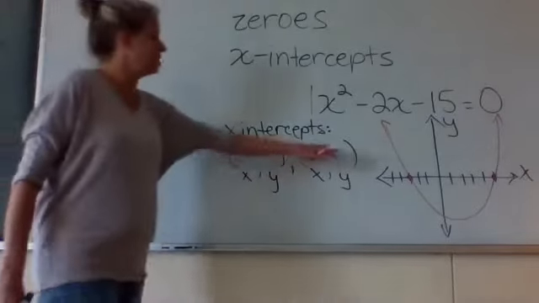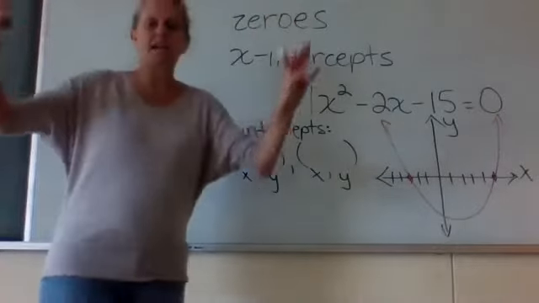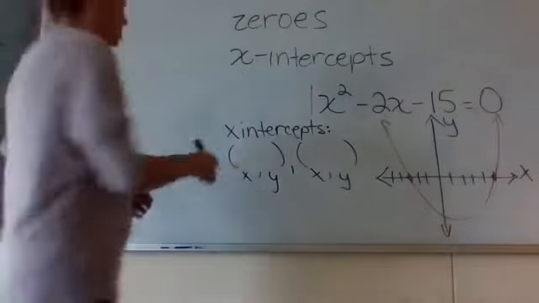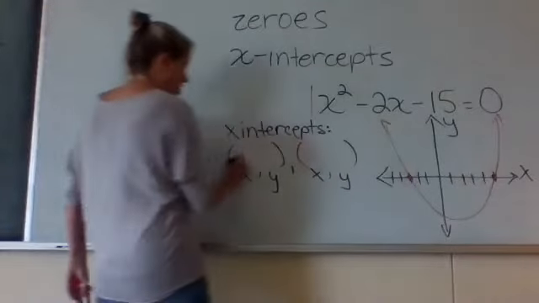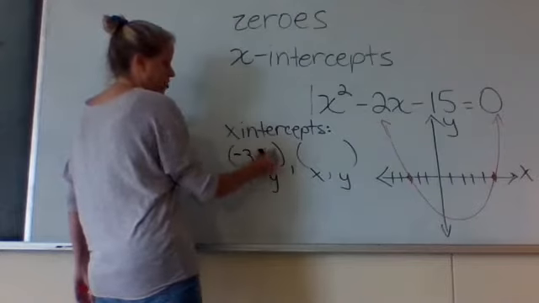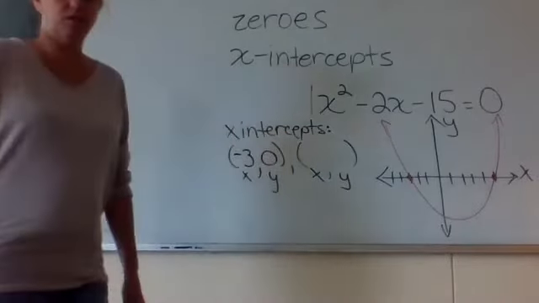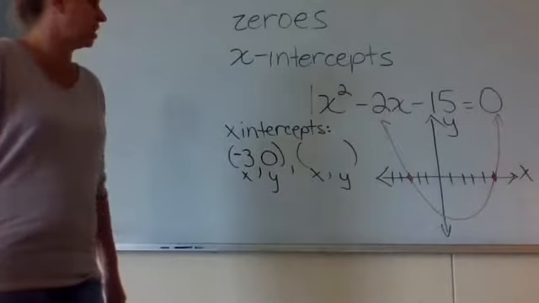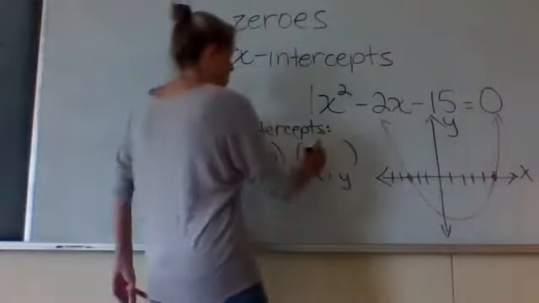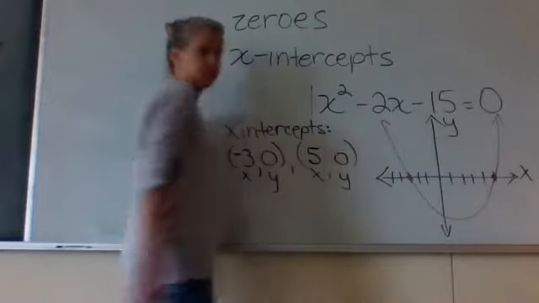So when you're naming the x-intercepts, make sure you write them as an ordered pair instead of just numbers. This first x-intercept, this one right here, is at -3. The y-coordinate at your x-intercepts is always 0. So -3, 0 is that x-intercept. This x-intercept is at +5, 0.